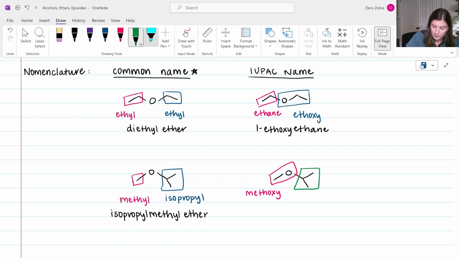The longest carbon chain gives us a propane suffix for this name. We now number that the methoxy group is on the second carbon in propane. So the IUPAC name for this molecule is 2-methoxypropane.